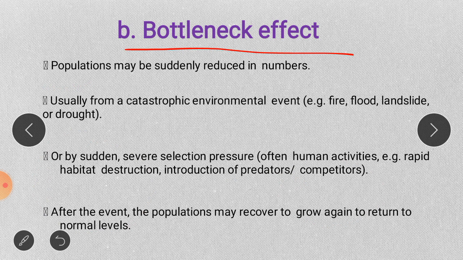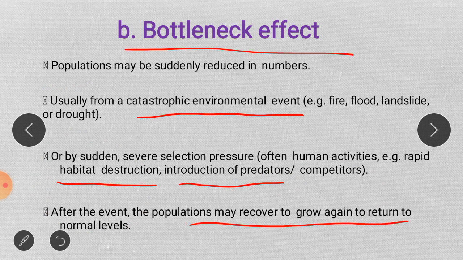Usually catastrophic environmental events such as fire, flood, landslide or drought may cause a change in the population number. Not only these catastrophic events, but human activities such as rapid habitat destruction and introduction of predators or competitors will also reduce the population, and after that event the population starts to recover and return to its original or normal levels.